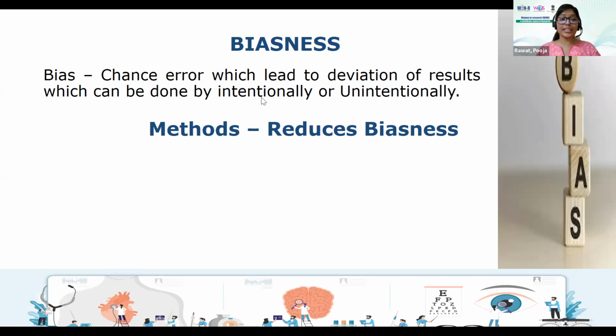Usually there are various types of bias: selection bias, measurement bias, analysis bias, publication bias, reader bias, or funding bias. Selection bias is about the selection and allocation of the patients.